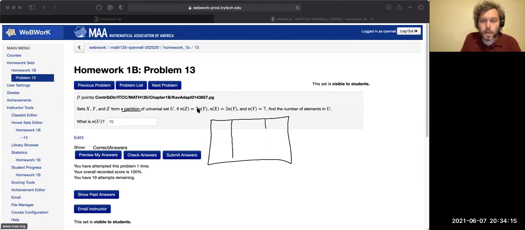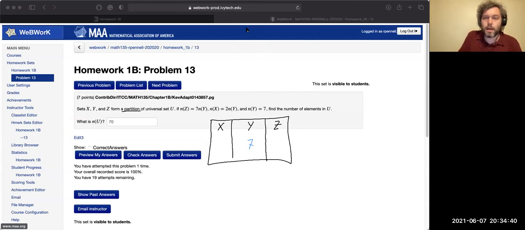So I can draw a little picture and write X, Y, and Z here. There's nothing outside them, and there's no intersection. They told me that Y equals 7, so I'll just write a 7 there.